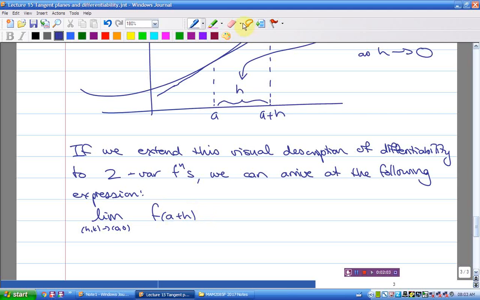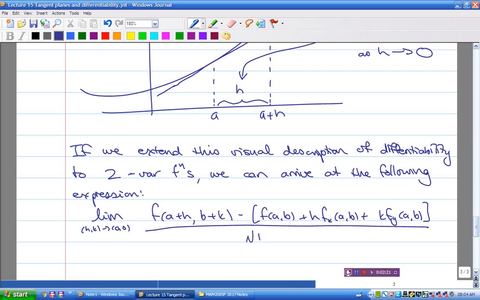Oh, sorry, there should be a comma, not a closed bracket.